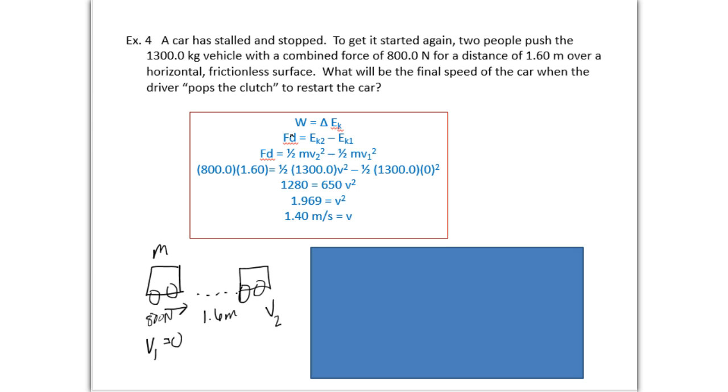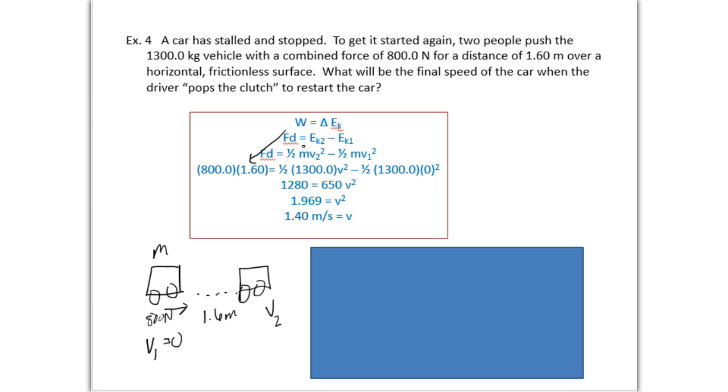Work is force times distance. So if I just look down here on the left side of the equation, you fill in your force times distance, 800 newtons times 1.6. So then you find out that 1,280 joules were used to move the car.